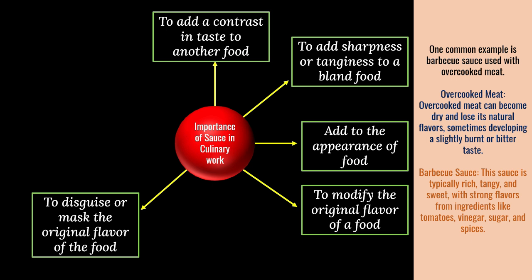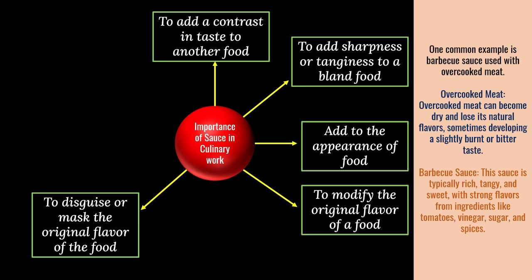What is barbecue sauce, for your knowledge for the time being? This sauce is typically rich, tangy and sweet with strong flavor from ingredients like tomatoes, vinegar, sugar and spices.